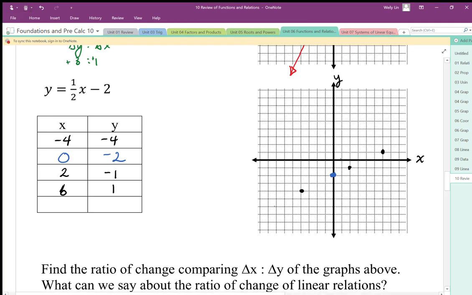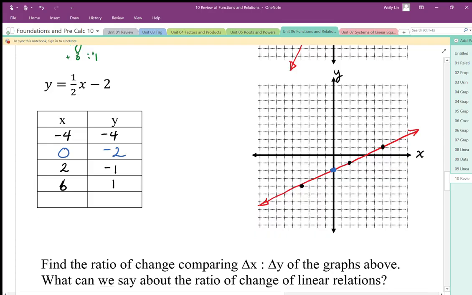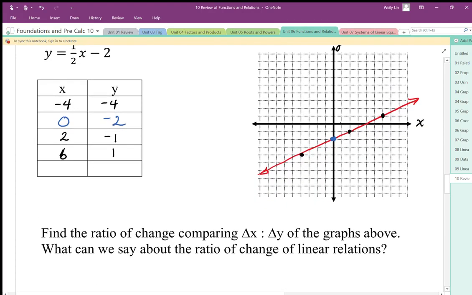It looks like a straight line pattern, so I'm just going to draw my pattern through those points. Again, I'm going to go past the first and last points because I want that whole pattern. So the ratio of change here, I'll do this in green. When I compare the ratio of change, here is +2, +4, +2 here, +1 here.